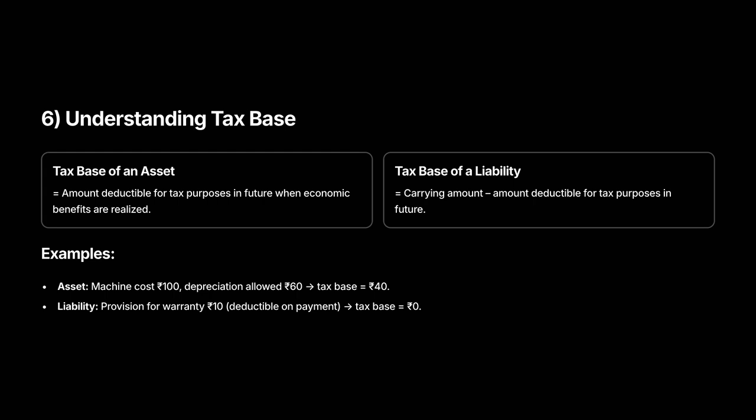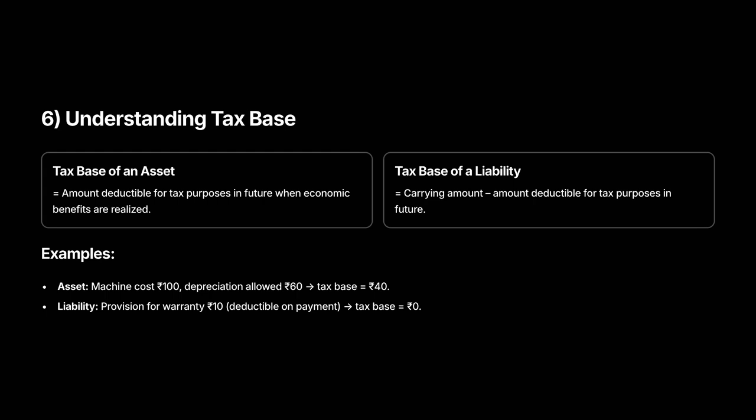Understanding the tax base. Now, what exactly is a tax base? For an asset, it's the amount that will be deductible for tax purposes when the asset's economic benefits are realized. Example: a machine costs $100, and you've already claimed $60 as tax depreciation. The tax base is $40.